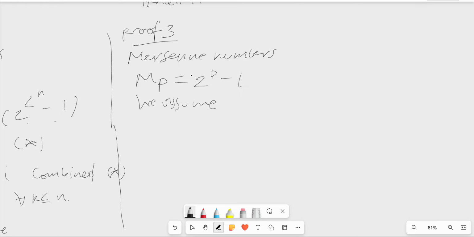We assume P is finite. Can call it P prime, we don't mind. Then if it's finite, it has a largest element, say P is the largest element.